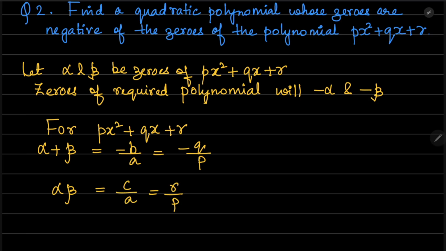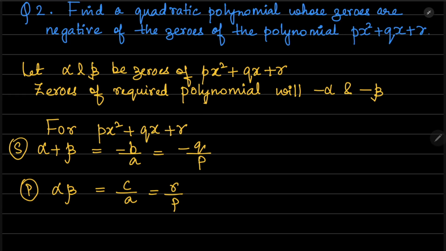This is the relationship between the zeros and the coefficients of any quadratic polynomial: the sum of the zeros is minus b by a, and the product of the zeros is c by a.